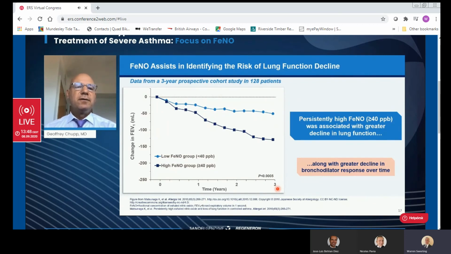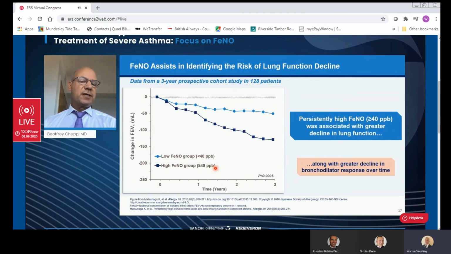In this trial, the level of 40 parts per billion was used as a cutoff for patients who had a faster rate versus a lower rate. But as we know, this cutoff can vary depending on studies that have been done, and there's no absolute agreed upon threshold.